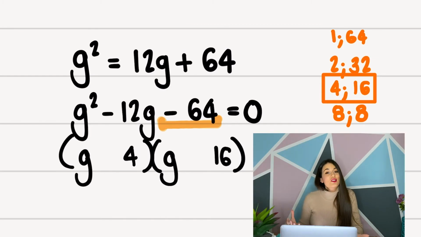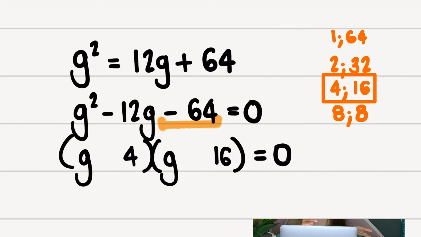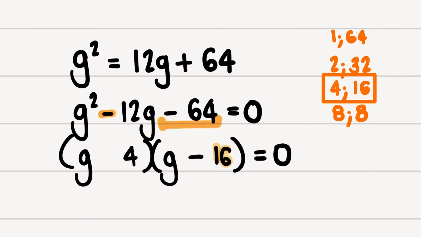Now, because the third term was negative, that means that the signs are going to be different. So I need to quickly decide which of those two numbers gets the negative and which gets the positive. In order to do that, I look at my middle term. My middle term was negative, which means that the bigger of the two numbers gets the negative. The bigger number is 16, so it's going to be a negative 16, and the positive is going to go with the 4.